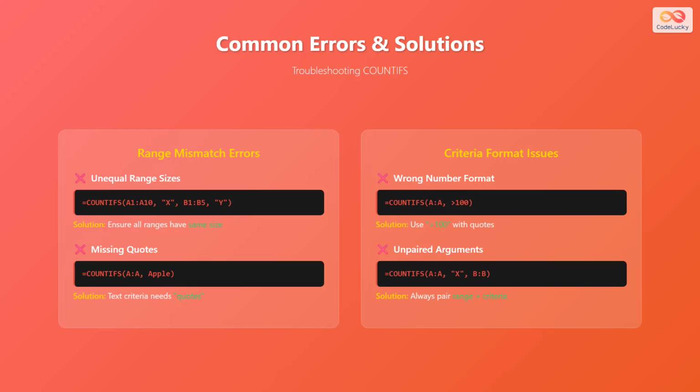Text criteria needs quotes. For criteria format issues, an error is wrong number format, with the formula =COUNTIFS(A:A, >100). Use ">100" within quotes. Another error is unpaired arguments, with the formula =COUNTIFS(A:A, "X", B:B). Always pair a range with its criteria.